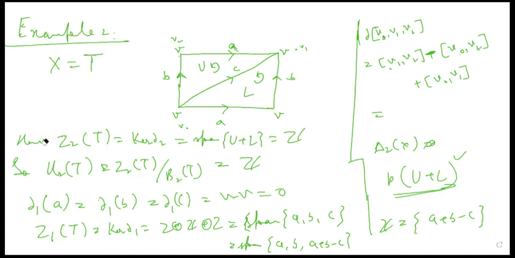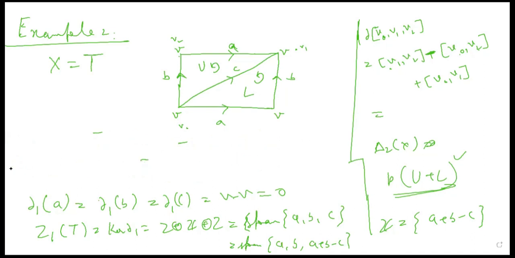Now what is the first homology group? This is Z1T quotiented by B1T. But Z1T is what? It is spanned by this, and your B1T is Z, and it is spanned by this.